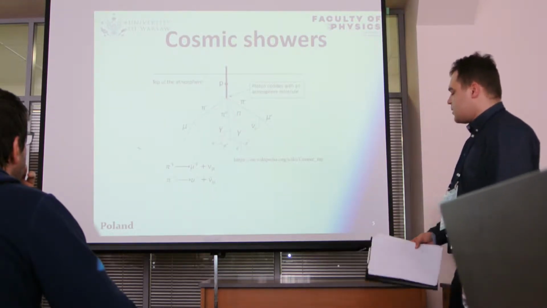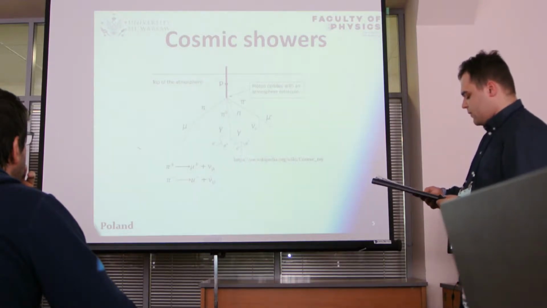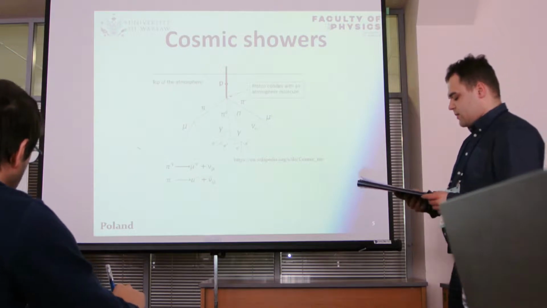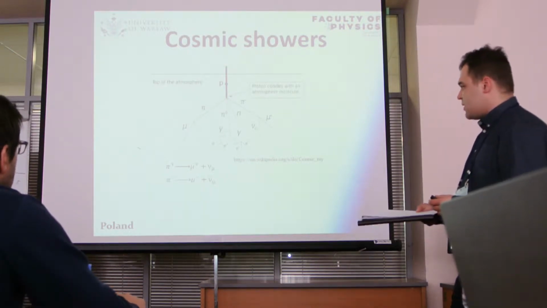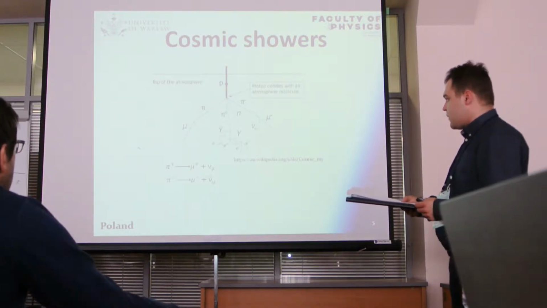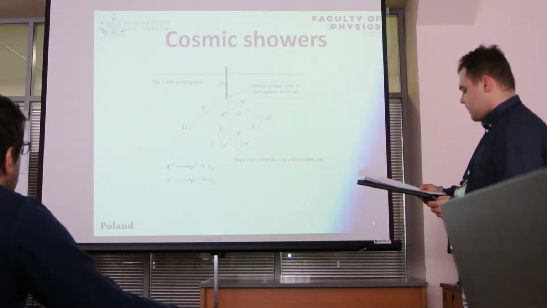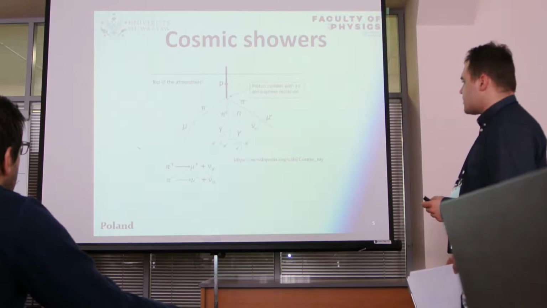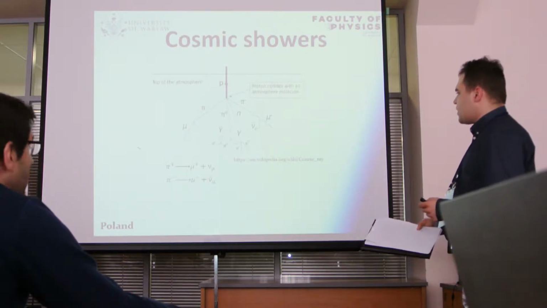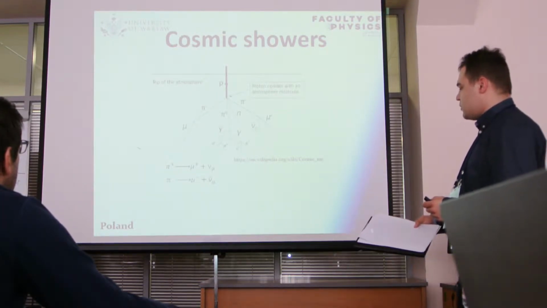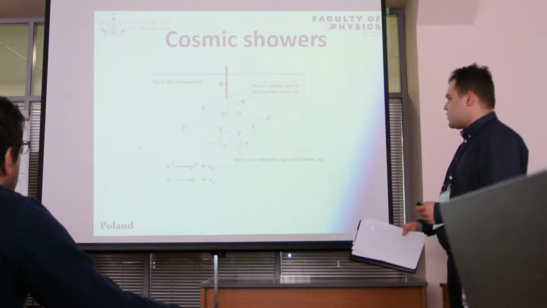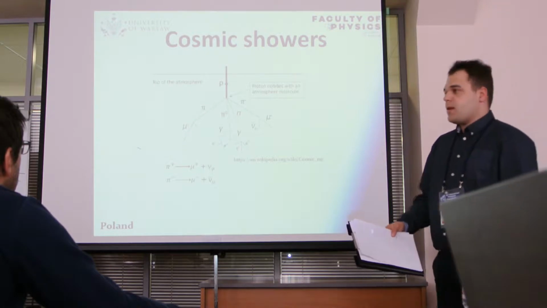In the picture, most of the radiation is high energy protons, about 90% of radiation, and the protons can collide with atmospheric molecules and create other particles, especially the pions.